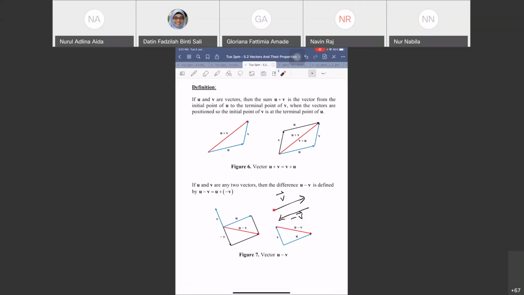So if this is our V, this is our minus V. In terms of length it's the same, except the direction is opposite, so we represent it with a negative. So vector subtraction on the diagram is the same as looking at a sum, but in the opposite direction.